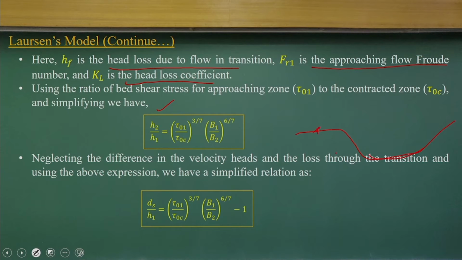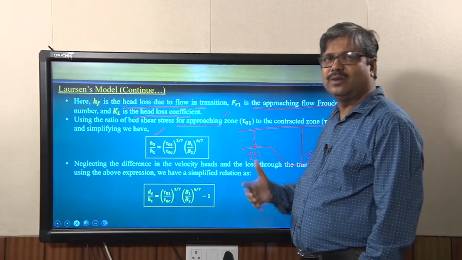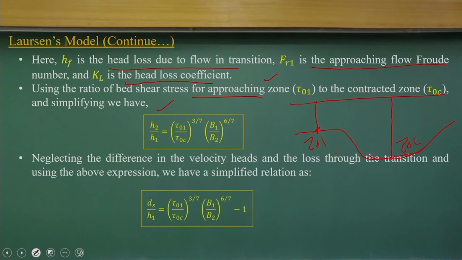I can compute the approaching shear stress in the channel, where tau 0 subscript 1 indicates the bed shear stress at the approaching zone, and tau 0 subscript 2 the bed shear stress at the contracting zone. If I assume it comes to the equilibrium phase, that means the critical Shields number and critical shear stress will be achieved when you have the scour hole formation.